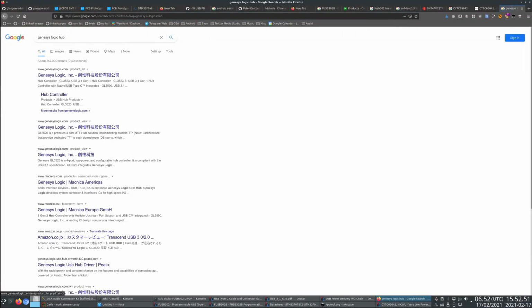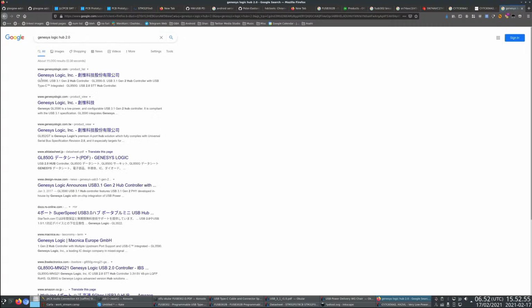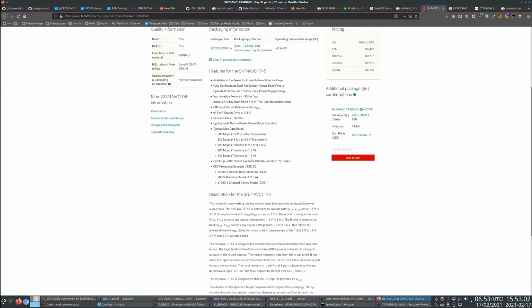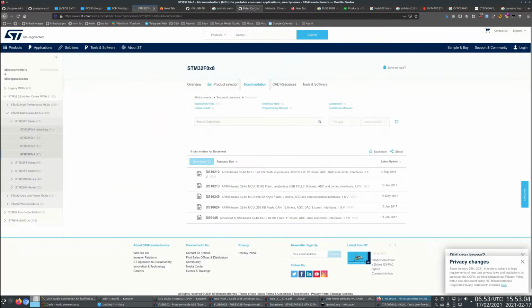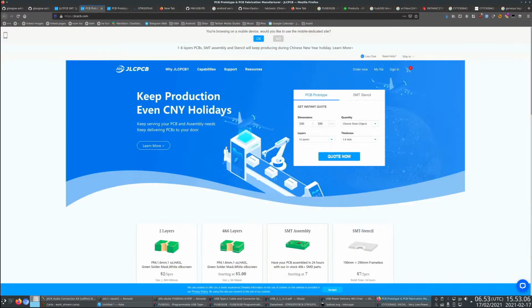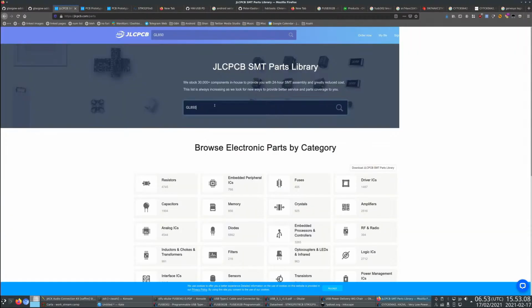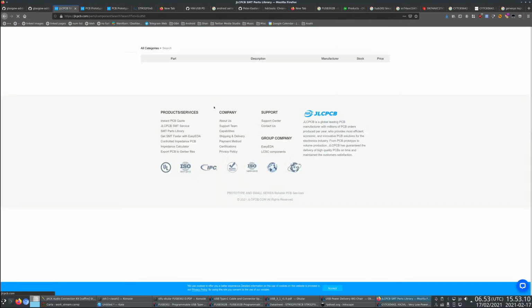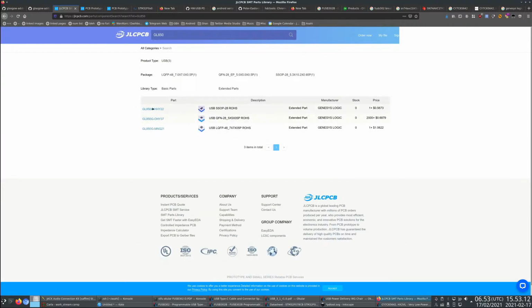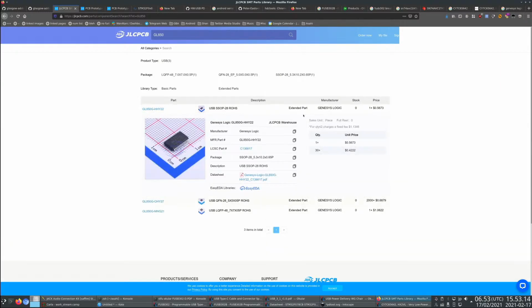Let me search for a very common hub. Hopefully they have it and it'll tell me what they call it. A GL850, that was definitely one of the common ones. LCSC. So where do they have these? Under what? Product type USB?